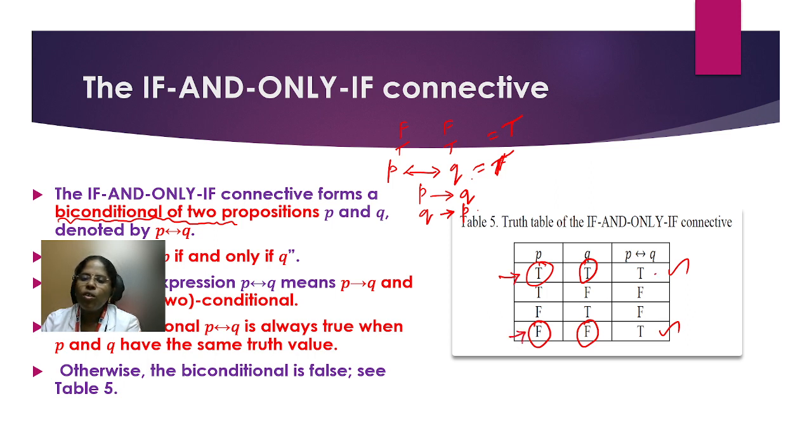If both are false also, you will get true. See the truth table. You get true if both have the same truth value. Same truth value means both true gives true, and both false also gives true. So the biconditional P if and only if Q is always true when P and Q have the same truth value.